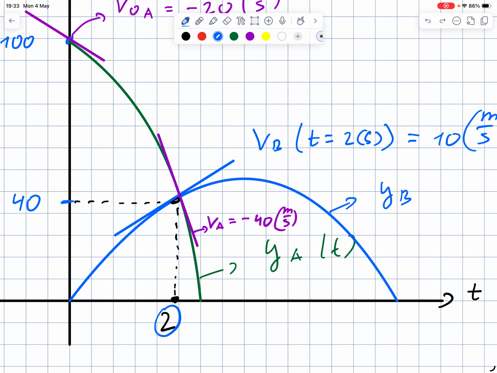And if you look at the slope of object A when they pass each other, you can see that the slope is negative, and the value is minus 40 meters per second. Okay, and this is also the time when object B came back to the ground.